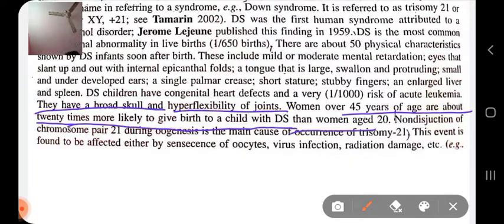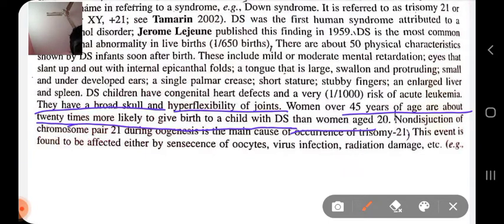So it is very critical to conceive a child at 45 years of age, because the child has more risk of being affected with Down syndrome, this type of genetic disorder.